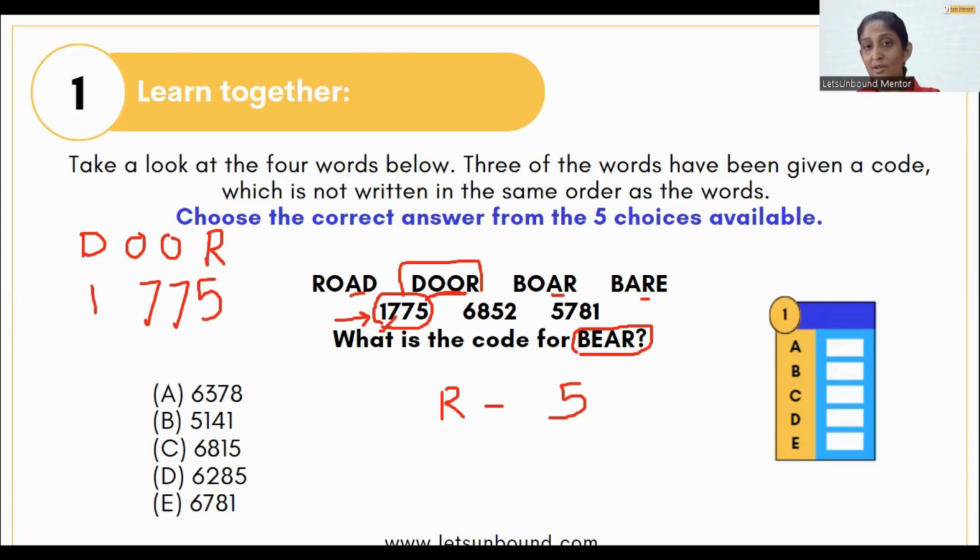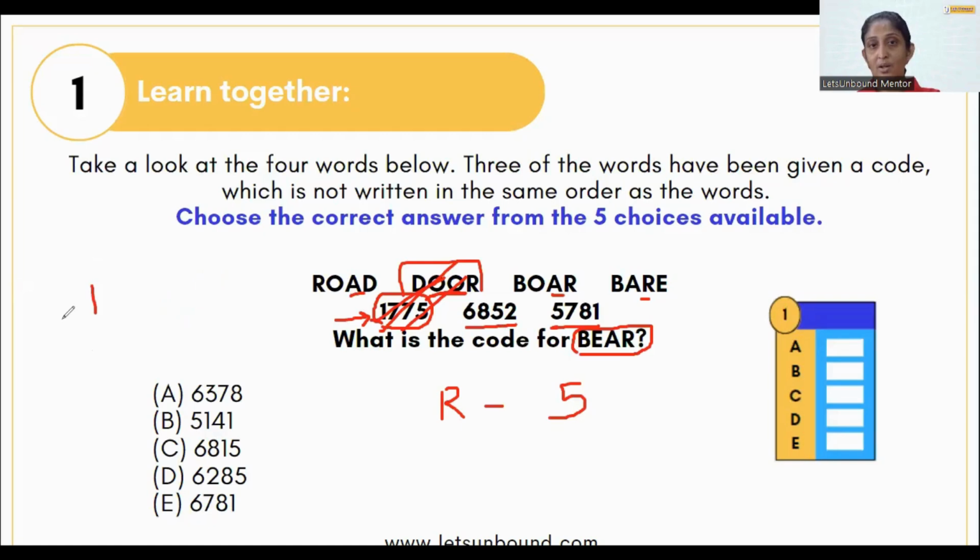But we can cross this out. So now we will not take into consideration 1775. We now only have to consider the other 2 numbers 6852 and 5781, which is standing for either BOAR, BARE or ROAD.